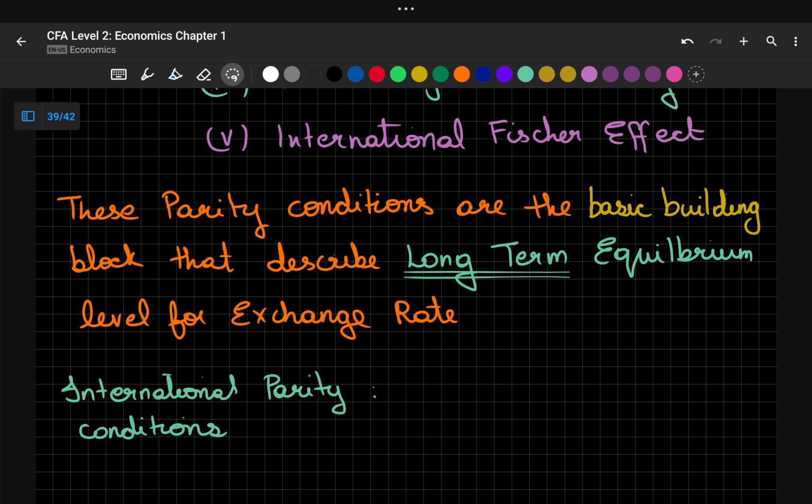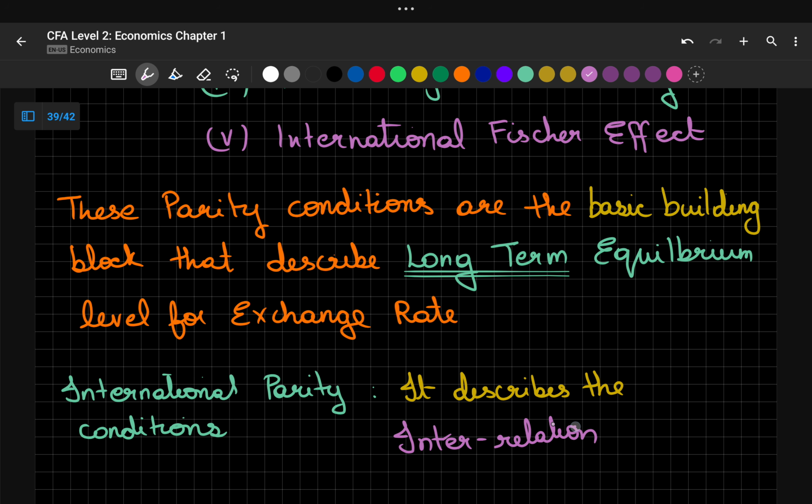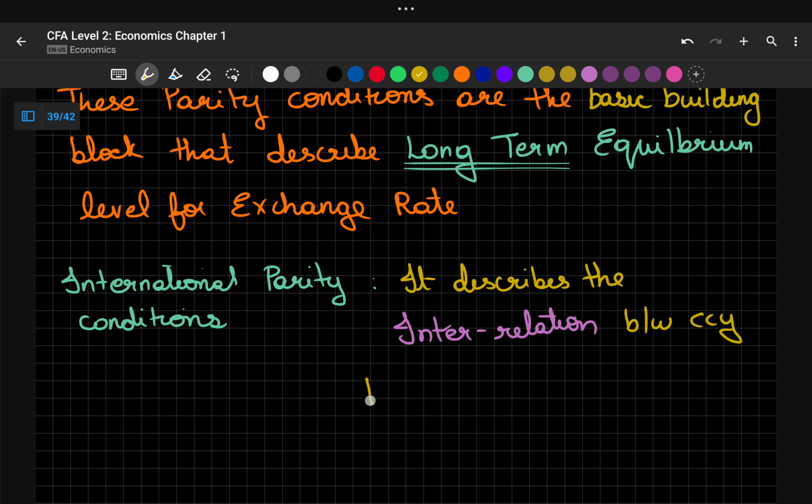Now, in other words, I can write: international parity condition describes the interrelation between currency pair, because we are dealing with the FX market, right?